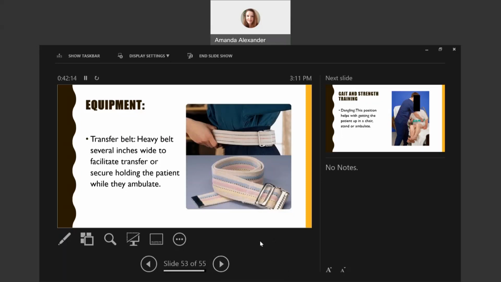So check that out in your book, because you want to know how to put this on properly. Generally, it is the teeth of the belt, if you see in the bottom part of the picture, it should be face up whenever you're putting the belt on. Tag should be out away from the body.